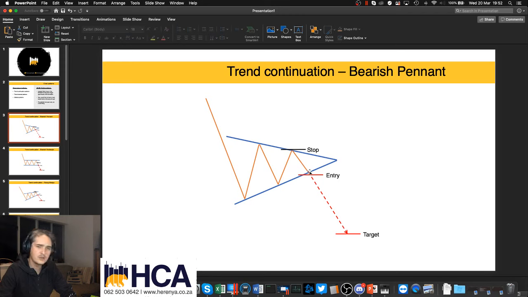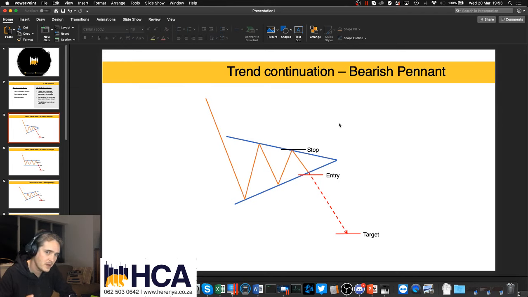But the safest way of trading it, without giving the trade the time and the space it needs to work, would be to put your stop loss at what I'll call a consolidation extreme. In this case, it's not quite, because we have a tightening consolidation here, but at the most recent high. So we can say that if it takes out this high, then maybe there's a chance it made a fake breakout to the bottom and it's actually breaking out to the top.